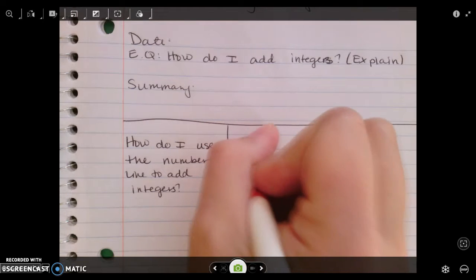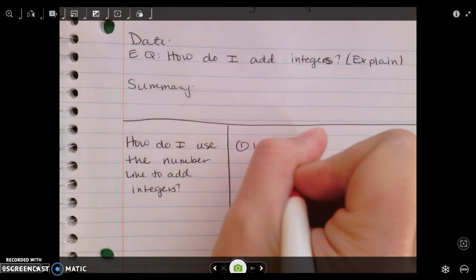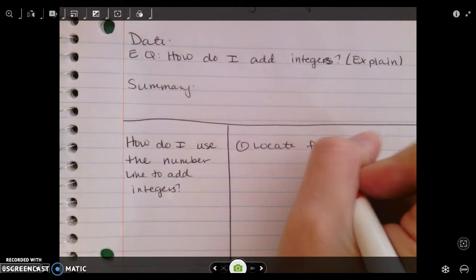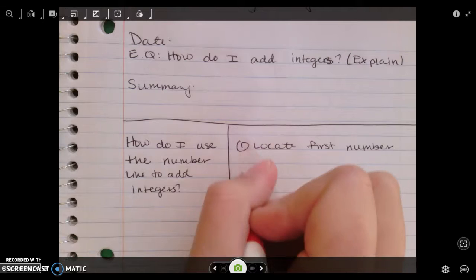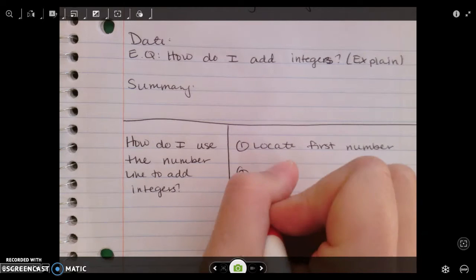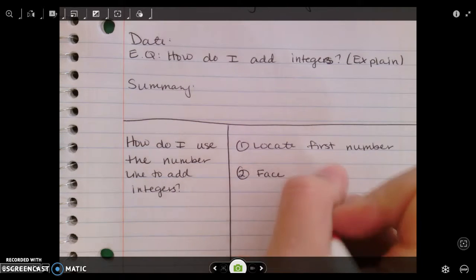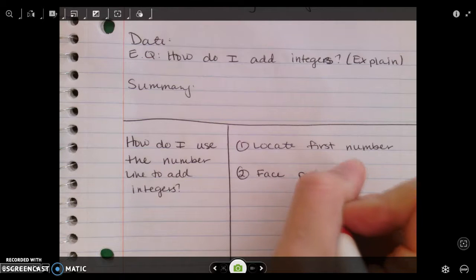So the first step you want to do is locate your first number. The second thing that you want to do is face the positive direction since it's adding.